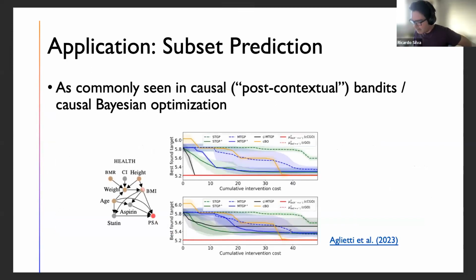And one way of using this, as I mentioned, you could have a target variable of interest. And all you want to know is if I set my design vector at a particular level, what will be the expected value of this outcome? It shows up a lot recently in the machine learning literature in guises such as causal bandits or causal Bayesian optimization, when we have a reward function of interest, a particular outcome of interest, and a subset of values which you can control.